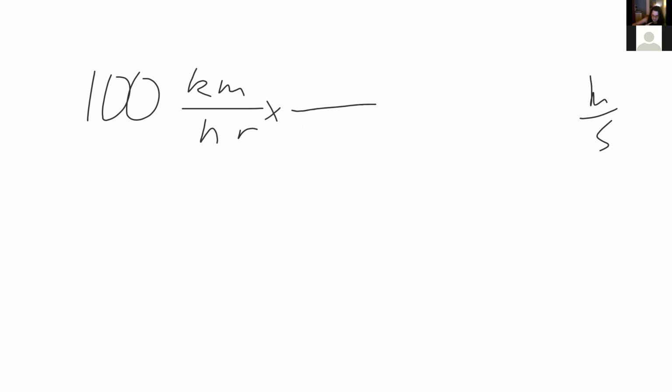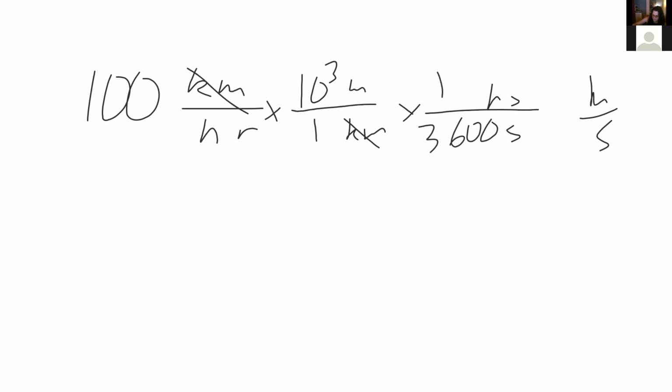We know there are 1,000 meters in a kilometer, so that'll be 10 to the 3 meters on top for 1 kilometer. Notice that knocks out your kilometer units, and you'll have meters up top as you need. Then to go from hours to seconds, I know there are 60 times 60, or 3,600 seconds in 1 hour. That will knock out your hour units, and now you'll have meters per second.